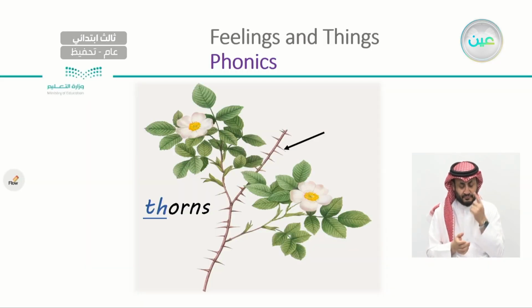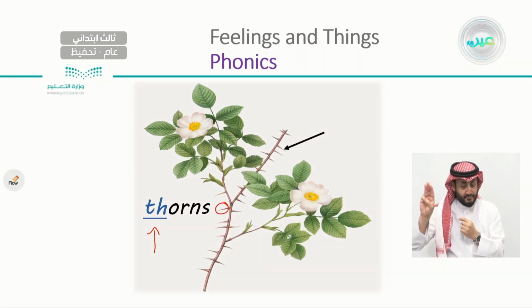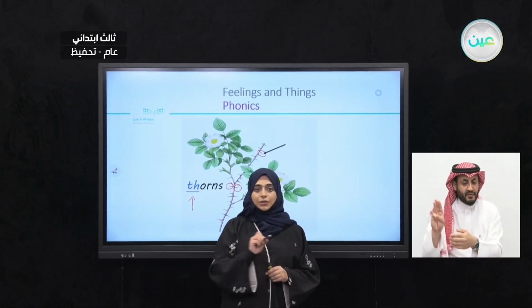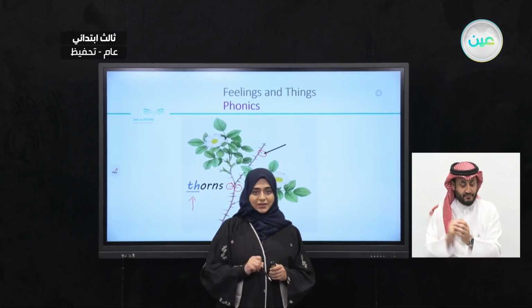Here we have the, what sound do you see? Thorns. We have one thorn, two thorns, three thorns. We have many thorns. So that's why we have an S in the end. Again, what's the first sound of this word? Thorn. Excellent.